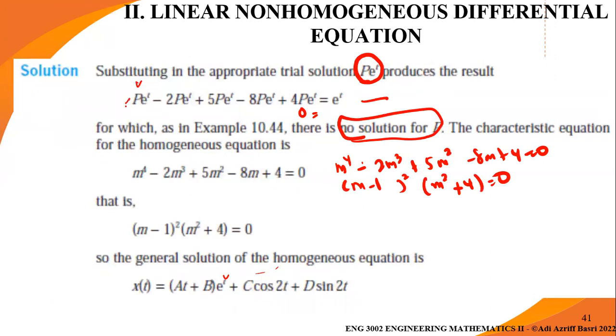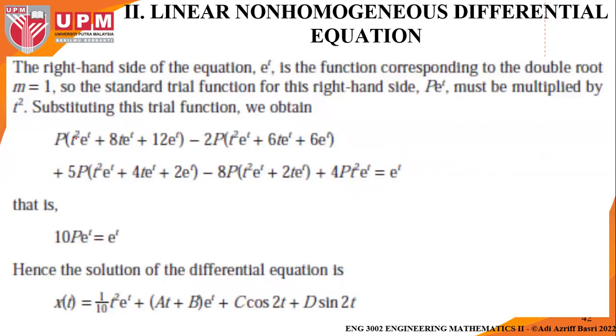So when we substitute this one, you change the equation to the double differentiation of T squared exponent T, plus 8T plus 12 minus 2P, then the equation plus 5P on the right. Okay. So once you have this one, you simplify, you get 10P exponent T equal to exponent T. So your P is equal to 1 over 10.